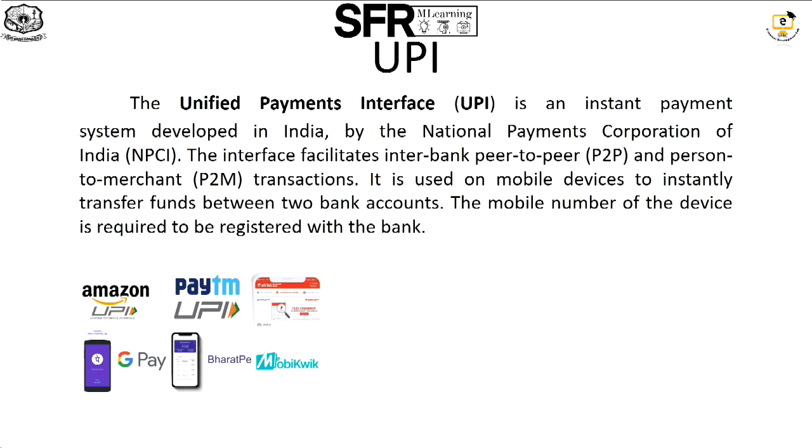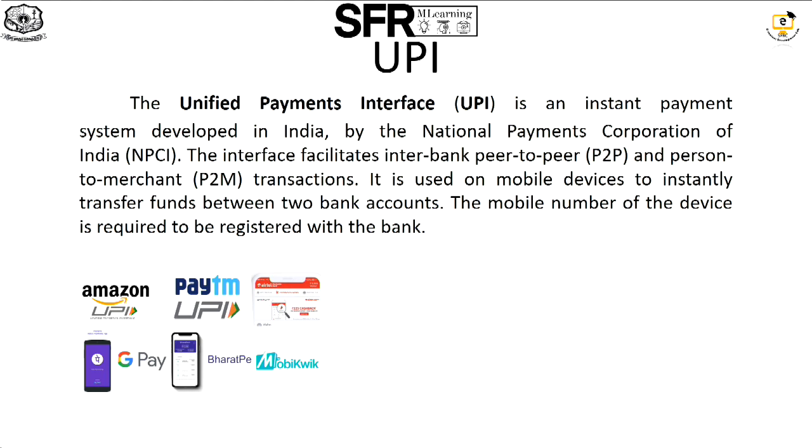The interface facilitates interbank peer-to-peer and person-to-merchant transactions, used on mobile devices to instantly transfer funds between two bank accounts. The mobile number of the device is required to be registered with the bank account in order to use the UPI service. The popular UPI apps are Google Pay, PhonePe, MobiKwik, Paytm, and Amazon Pay.